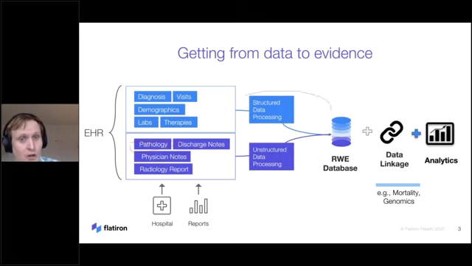That is really just coalescing and normalizing the data into analyzable formats. The unstructured data processing is the more challenging part, which I'll talk about briefly in a second. Both of these elements are then put into a research database, and sometimes we conduct data linkages, for example with external mortality data or with genomics data. We also provide analytic platforms on top, as well as support for conducting analyses down the road.